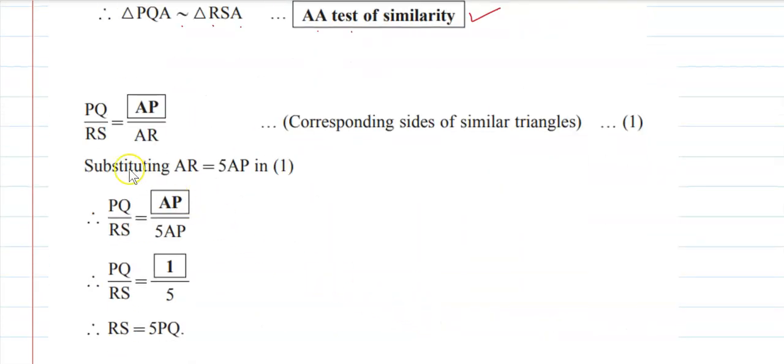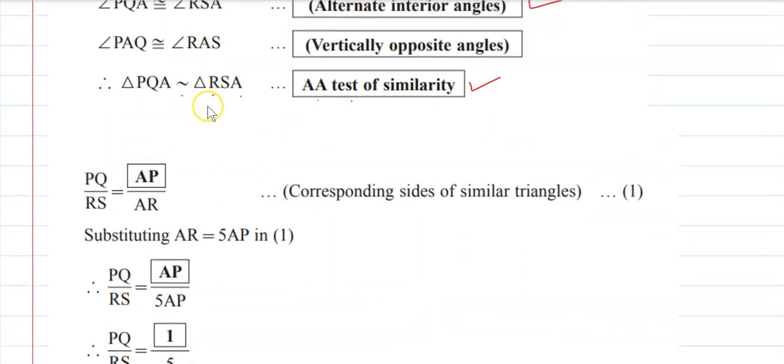Now the next. As these two triangles are similar, their corresponding sides are in proportion. Therefore, PQ upon RS is equal to AP upon AR, corresponding sides of similar triangles.